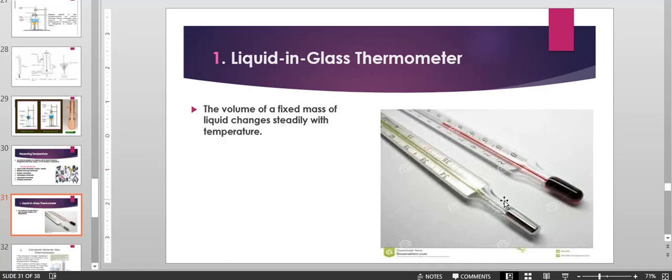This is basically known as the clinical thermometer, having mercury inside it, and this thermometer is known as the laboratory thermometer, as it has alcohol inside it.